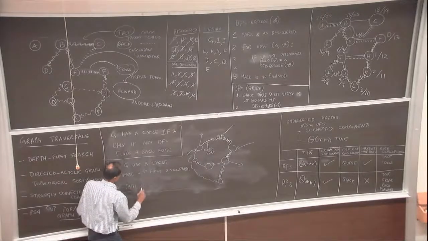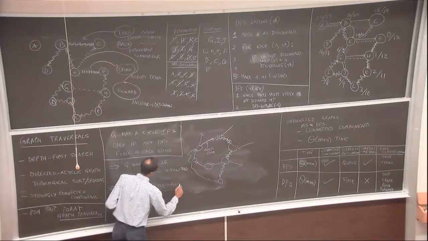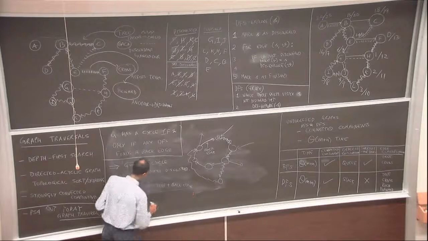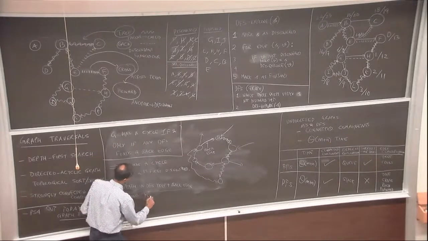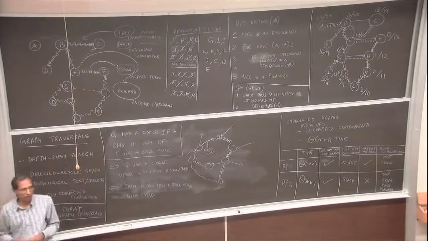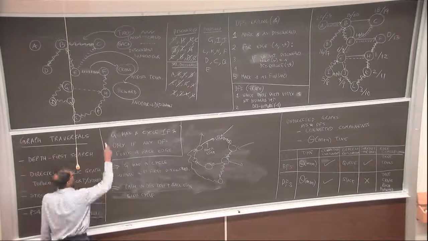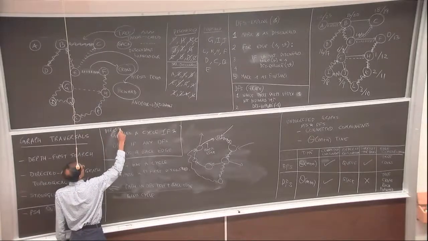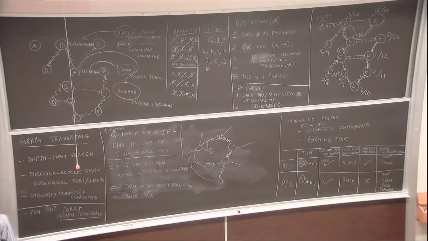Path in the DFS tree plus back edge implies a cycle. So a directed graph has a cycle if and only if there is a back edge. And so if you have to find out whether a graph has cycles or not, you can run DFS and check whether there is a back edge.